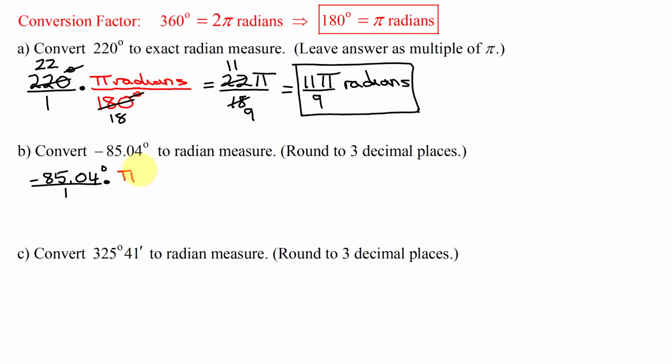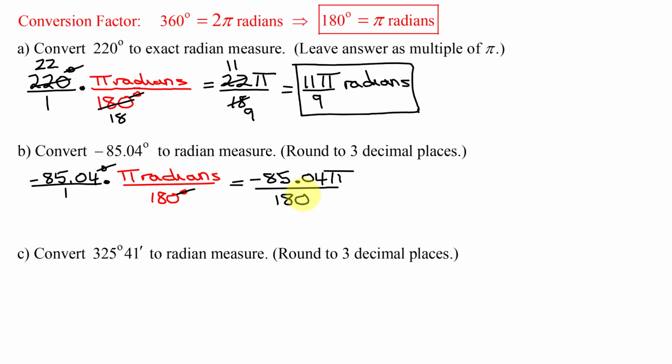I'm going to multiply by pi radians divided by 180 degrees. Now to simplify, my degrees reduce, and I get negative 85.04 times pi divided by 180. So now I need my calculator.